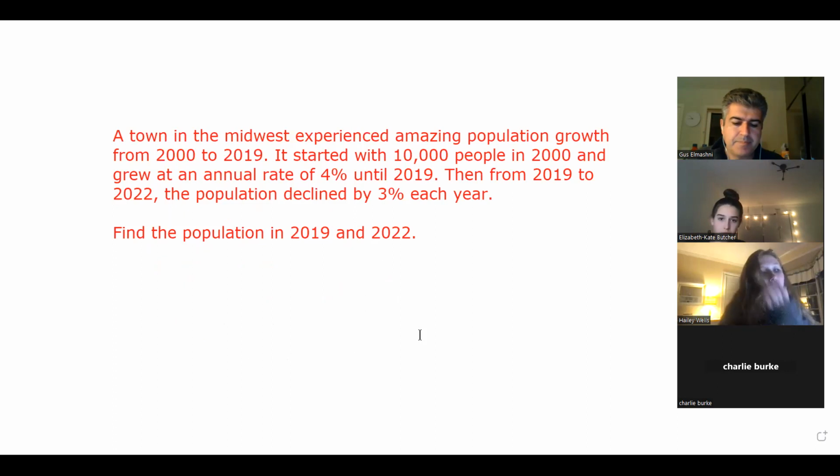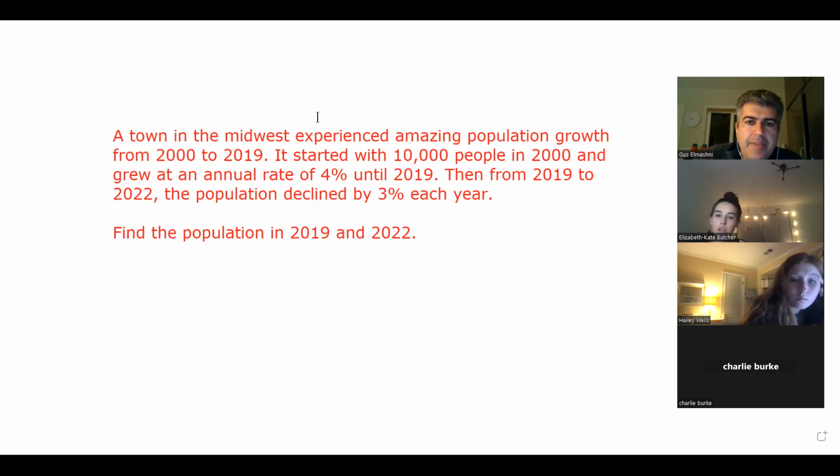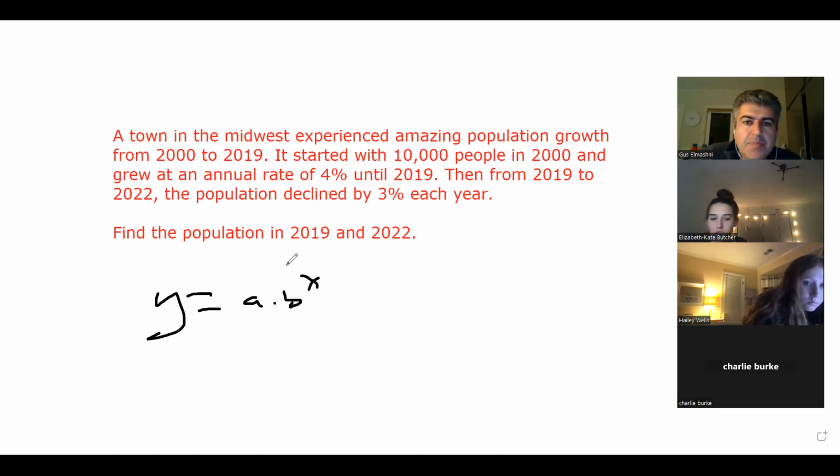Yep. Wait, this is the equation. It's like y equals, and then I'm trying to remember what it is. It's y equals, and then oh wait, 1 plus r or 1 minus r, and then to the t. Yep. Which is really, in essence, an exponential function.